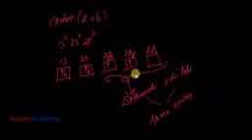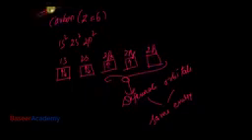So in degenerate orbitals, electron pairing will not take place until and unless all the degenerate orbitals are occupied by 1 electron each. So Hund's rule states that electron pairing takes place only after all degenerate orbitals are occupied by 1 electron each.